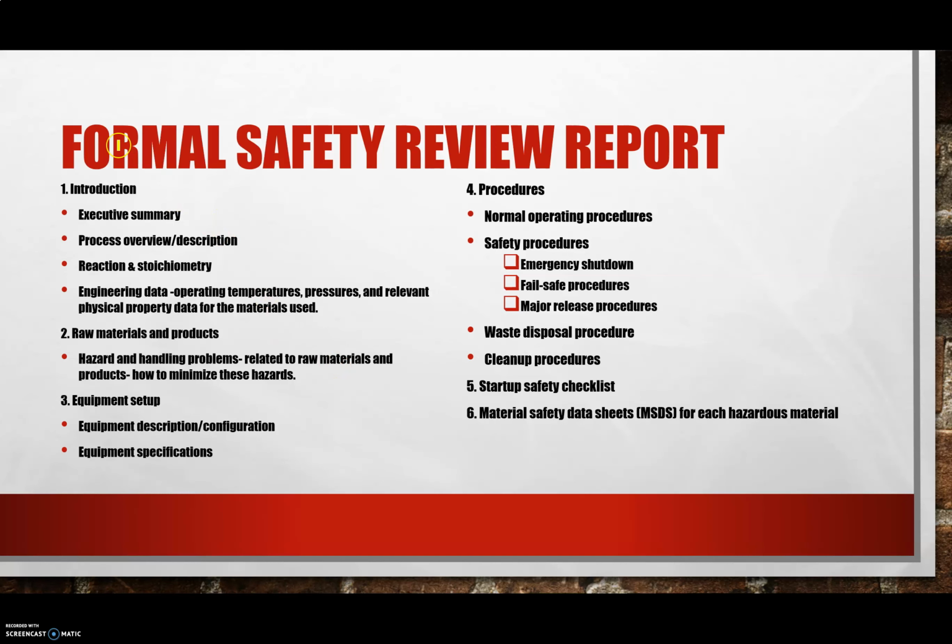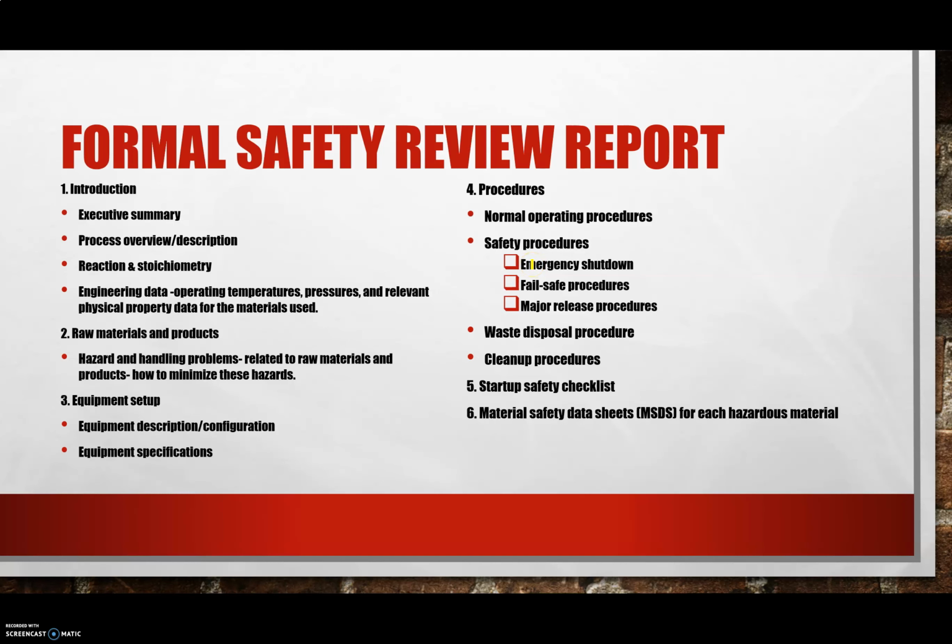This is some explanation regarding the formal safety review report. What does the report prepared by the committee consist of? Usually they have the executive summary, overview, and so on. They also have the review of materials, raw materials and products, equipment setup, and also the procedures for normal operating and safety procedures.